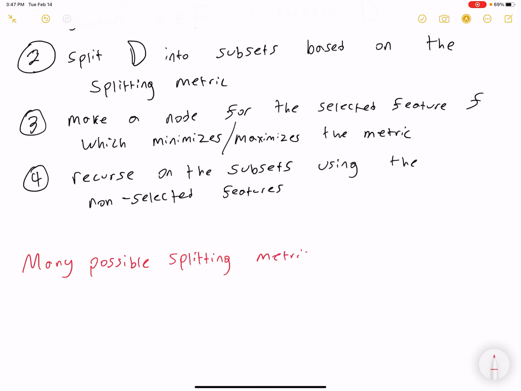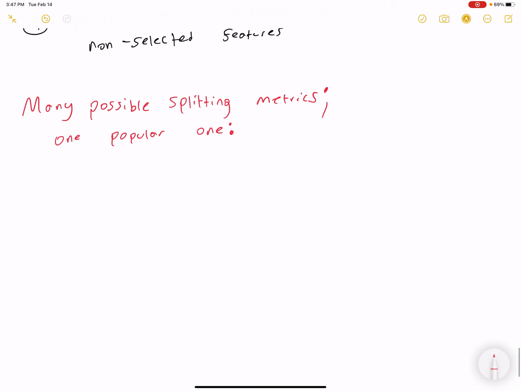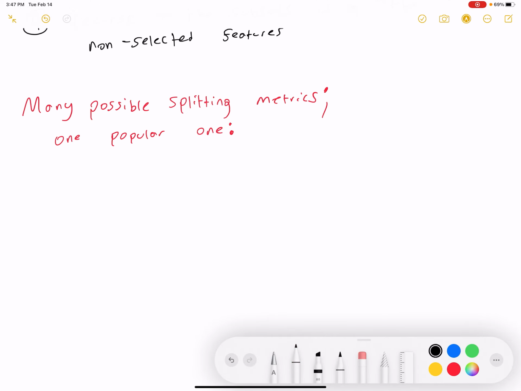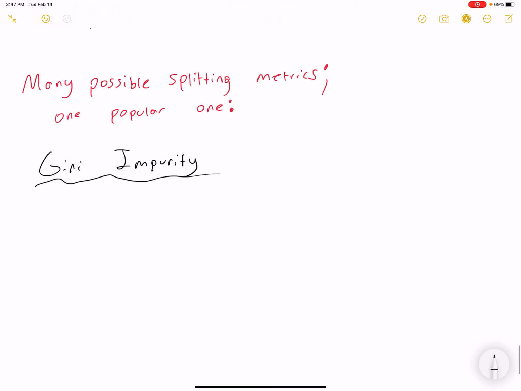But before I can go to an example, let me just cover one of them, which happens to be popular. One popular one is called Gini impurity, which is what we'll use to work through our example, although in the homework you'll use a different one.